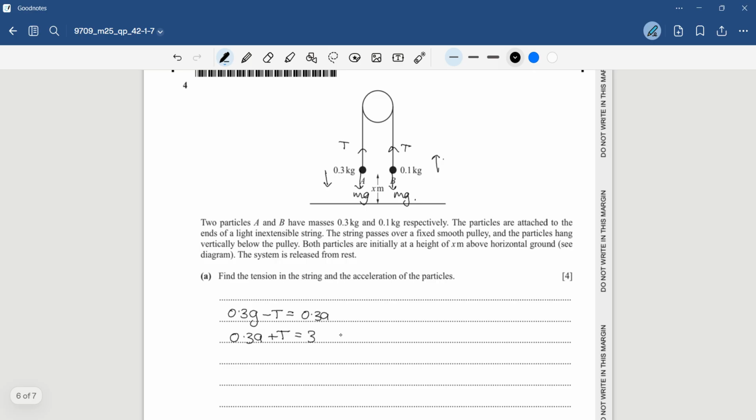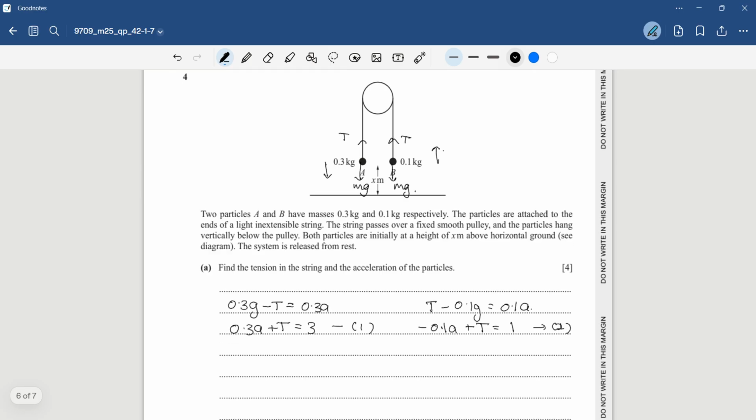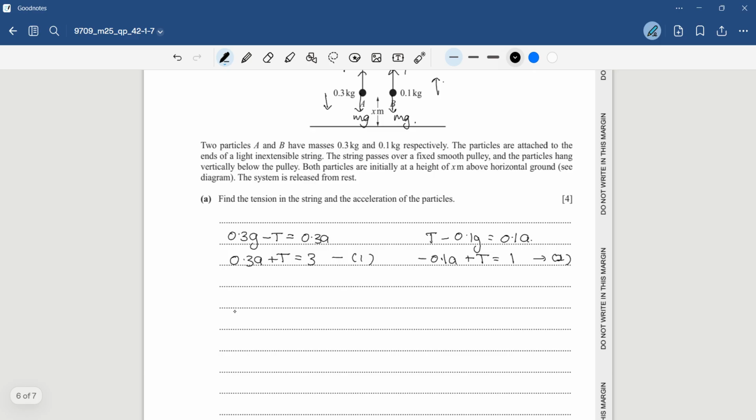So this is equation 1. And for the second one, it's going up, so T minus mg equal to ma. Therefore it's going to be negative 0.1a plus T equivalent to 1. So this is going to be our equation number 2. Then you can solve these simultaneous equations and find that a is equivalent to 5 and T is equivalent to 1.5.